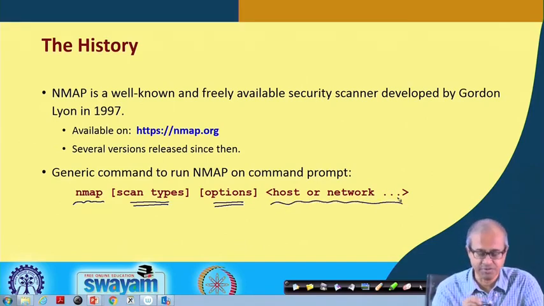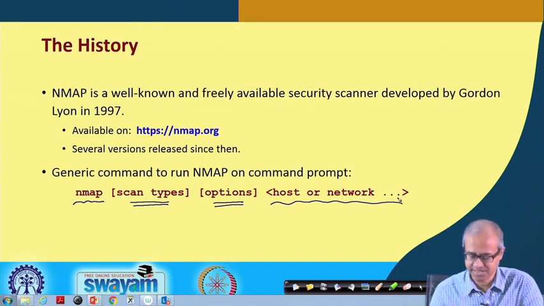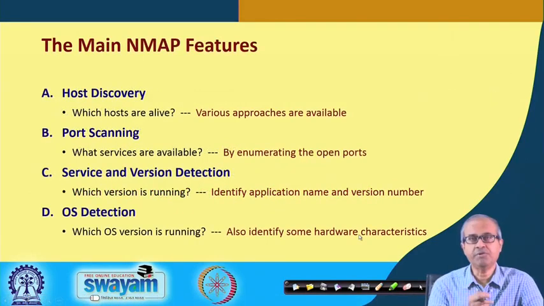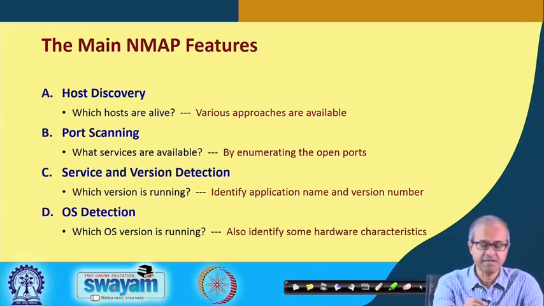So broadly there are three things you specify: what is the type of scan, what are the options that you want to exercise for scanning, and what are the hosts or networks that you want to include in the scan.